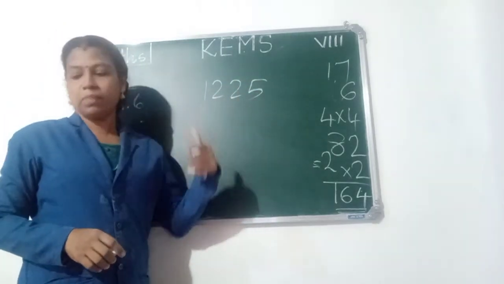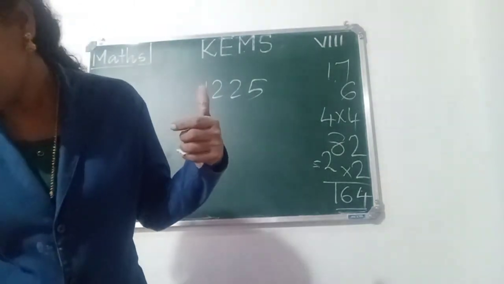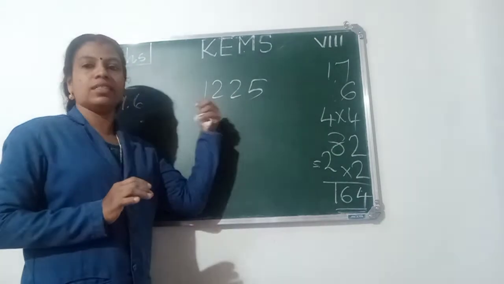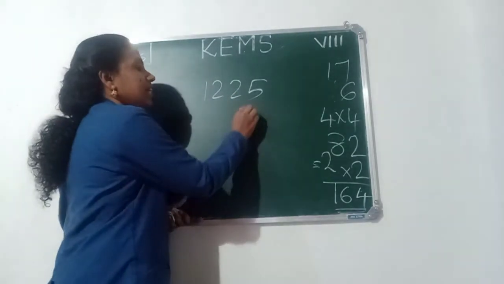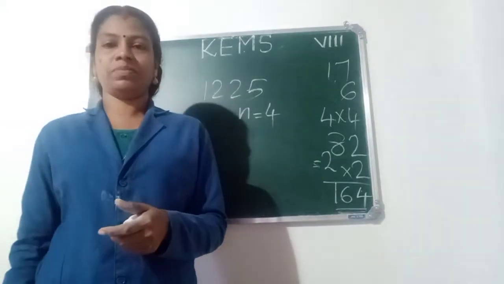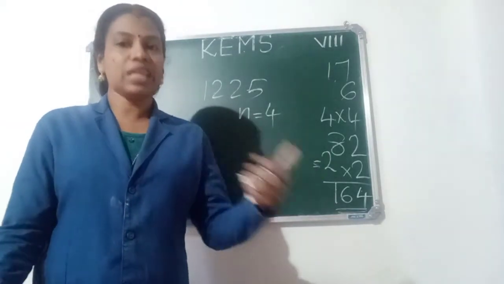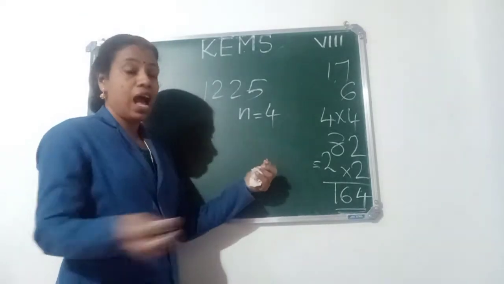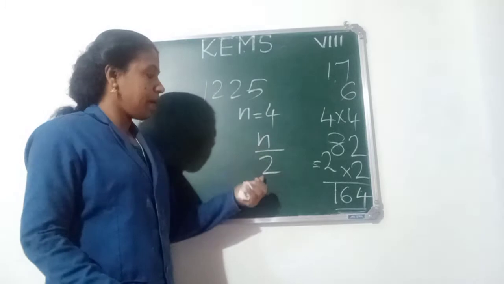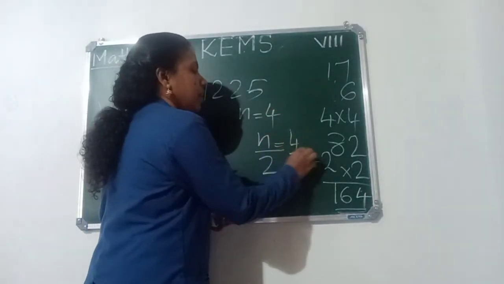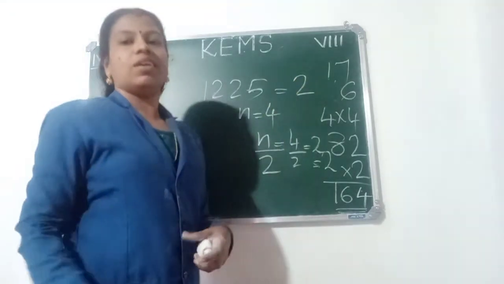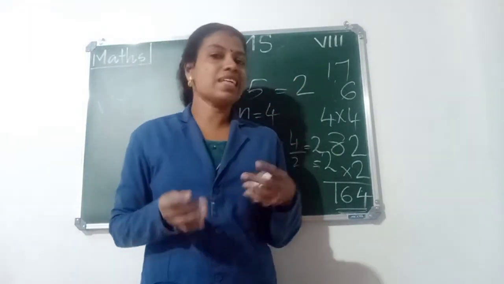This is a perfect square number, and here n equal to 1, 2, 3, 4, an even number, so its square root will have n by 2 digits. N by 2, that is 4 by 2 equal to 2 digits itself. Is that clear?